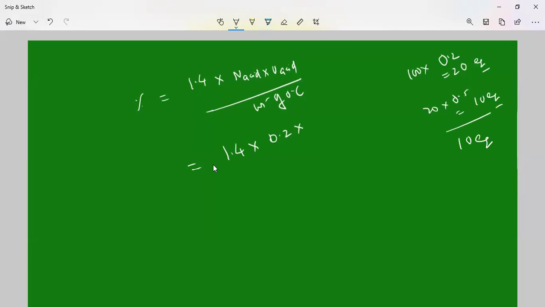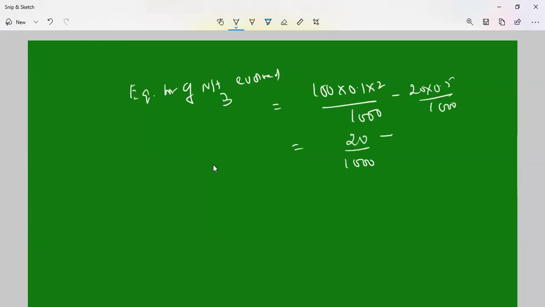What is the difference here? The difference is 10 equivalents. So this is 10 divided by the weight of the organic compound given, 0.3. Let me check it. 10 by 1000, so the equivalents of nitrogen is 1 by 100, that is 10 power minus 2.